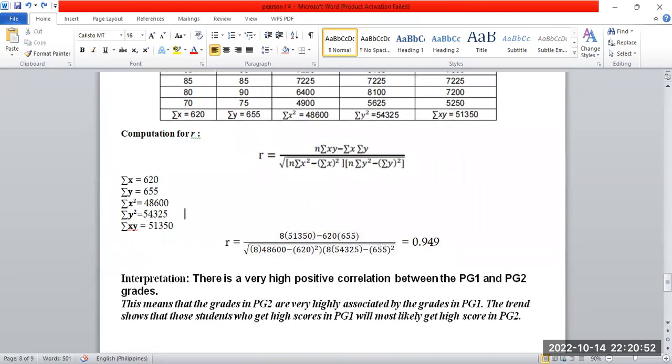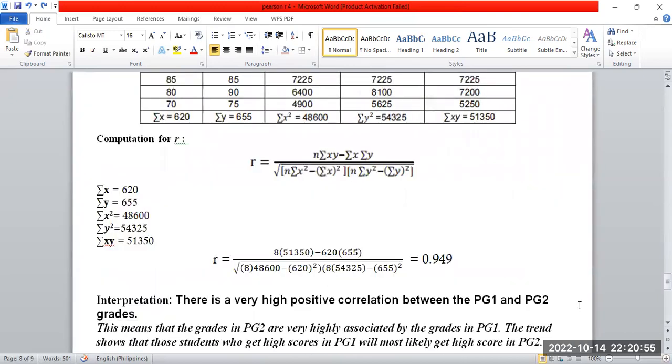And then for the denominator, so is square root and then n, substitute the value of n, which is 8, times, okay, the summation of x squared, ito yung summation x squared, 48,600 minus the summation of x squared.